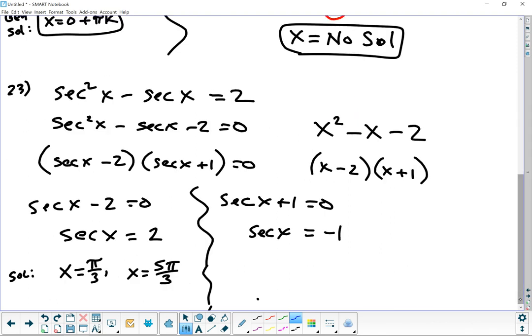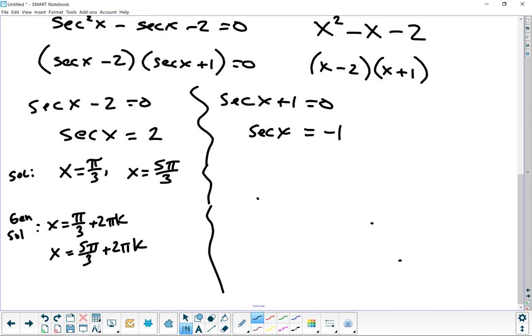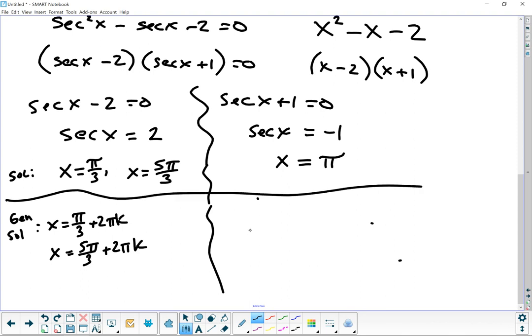So secant x, when does it equal -1? That's when x equals pi. Okay, so that's our solution. Our general solution is just going to be x equals pi plus 2 pi k. Sorry, I don't know what I'm doing.